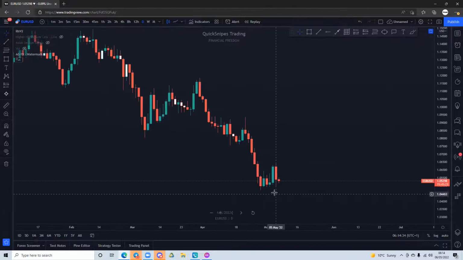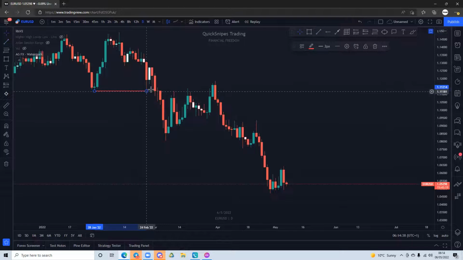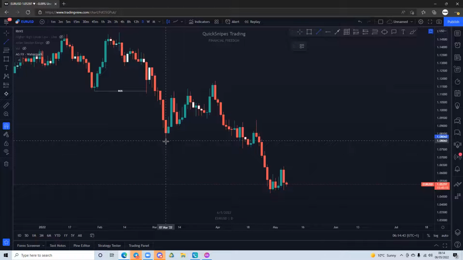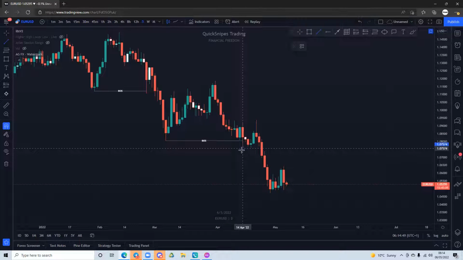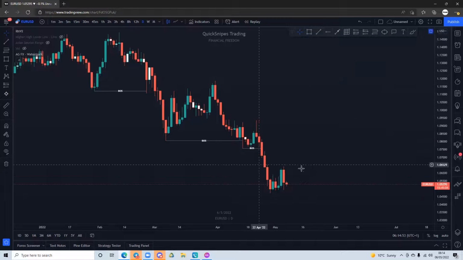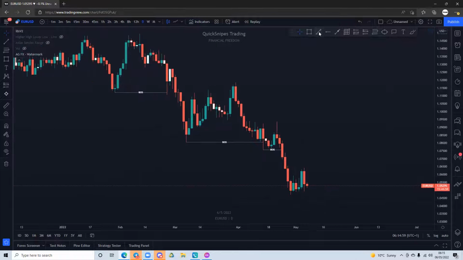So looking at the daily on Euro US dollar, what we can see are just daily breaks of structure. That means new lows are being formed. I guess you can consider this to be a break of structure. New lows are being formed, and there's not much in the daily. Very clean downwards move.